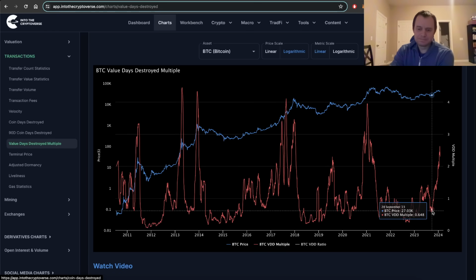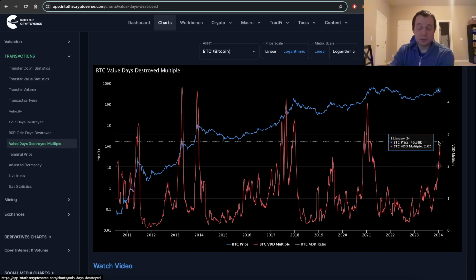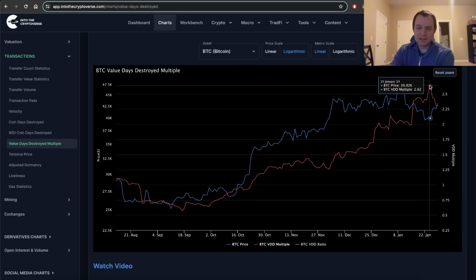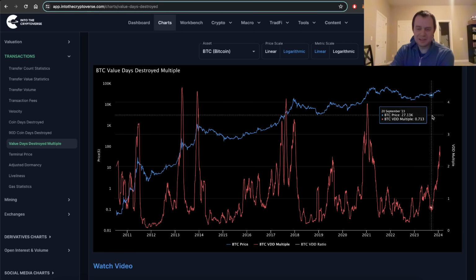This time, we deviated from that path, and instead of setting lower lows, it's been shooting up quite aggressively, in fact. And it recently went to a level of 2.62.